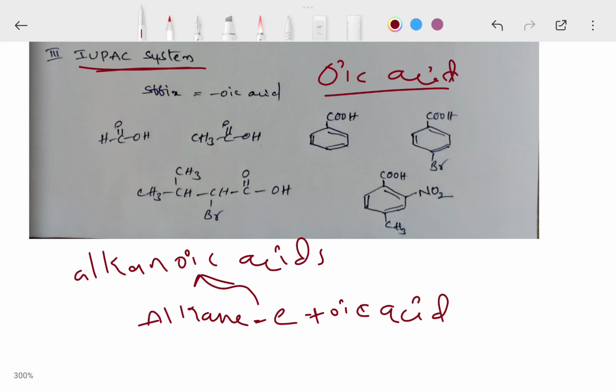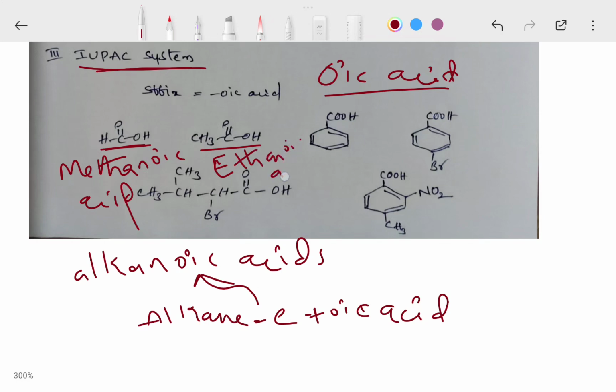For example, HCOOH is called methanoic acid. According to the IUPAC system, CH3COOH is ethanoic acid.